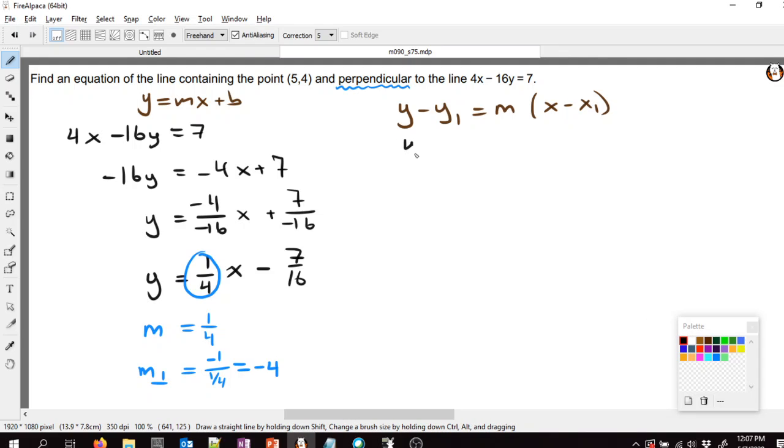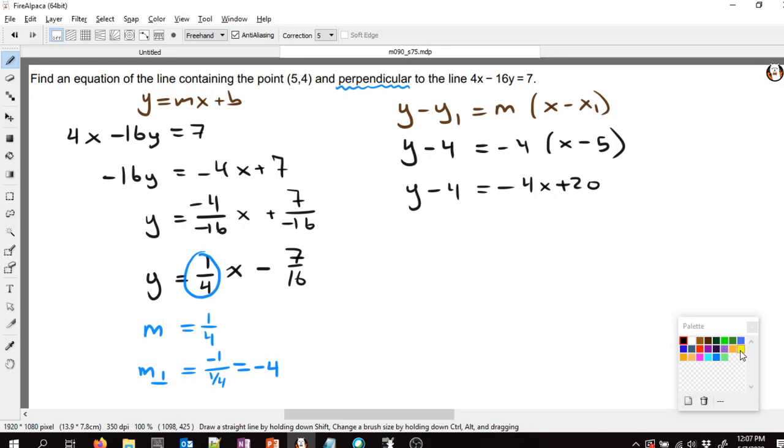So y minus 4 is equal to -4 times x minus 5. y minus 4 is equal to -4x plus 20.